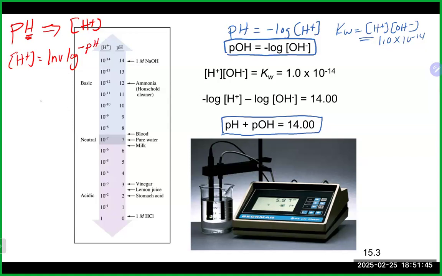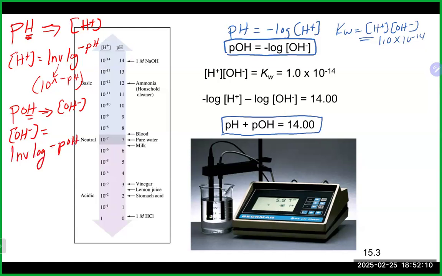On most people's calculators, when you do the inverse log, it will usually pop up a 10 and a caret, and a negative pH. And if you have the pOH directly, you can get the hydroxide concentration. The hydroxide concentration would be pretty much the same calculation, the inverse log of the negative pOH. And once again, that usually will put up a 10 and a caret, negative pOH.